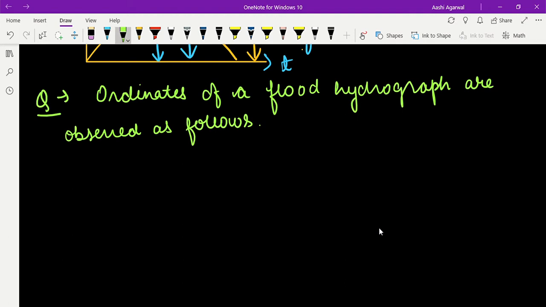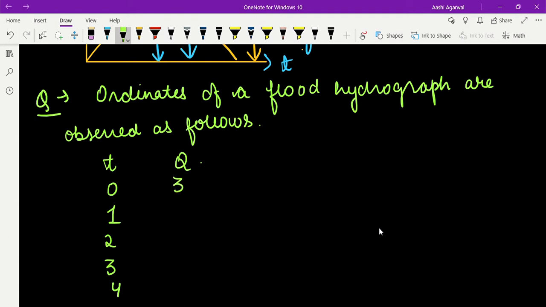I am giving you the ordinates of the flood hydrograph, so ordinates with respect to time are given. Let's say time is in hours. Very simple problem we are taking. Because it is a flood hydrograph, please note it will not start from 0.